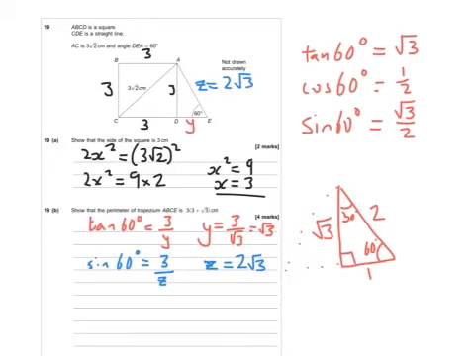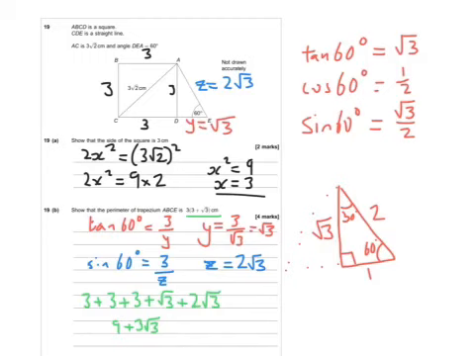And y equals root 3. And so therefore I can add it all up. I've got 3, add 3, add 3, add root 3, add 2 root 3, which is 9 plus 3 root 3, and then you factorise it and you get that.